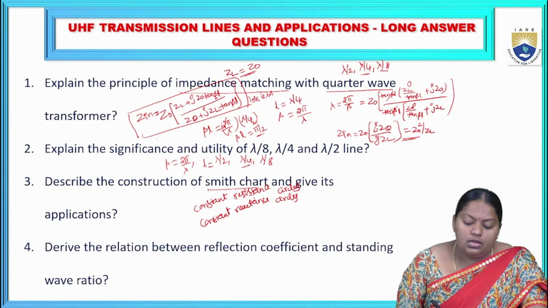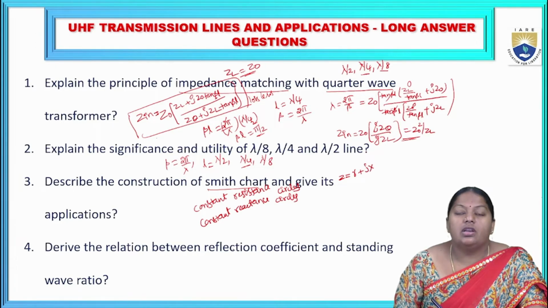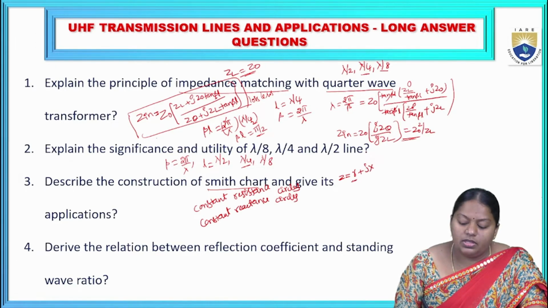To design this Smith chart, we use the normalized impedance plane, generally represented with a small z, consisting of a real part as well as an imaginary part. The real part is represented with the constant resistance circles, and the imaginary part with the constant reactance circles.